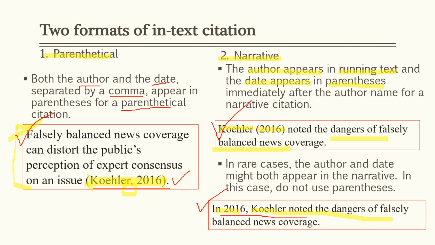Whereas your narrative citation, the author's name is narrated or placed in the running text. Okay, and the date or the year is enclosed inside the parentheses. However, there are some instances wherein the year as well as the name of the author appear in the running text. Okay, so these are your narrative citation.